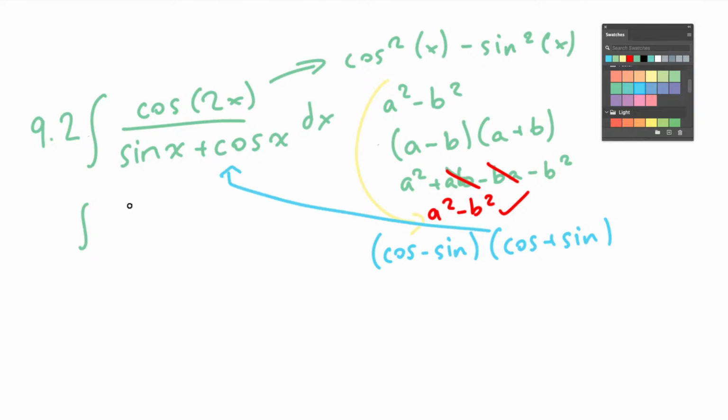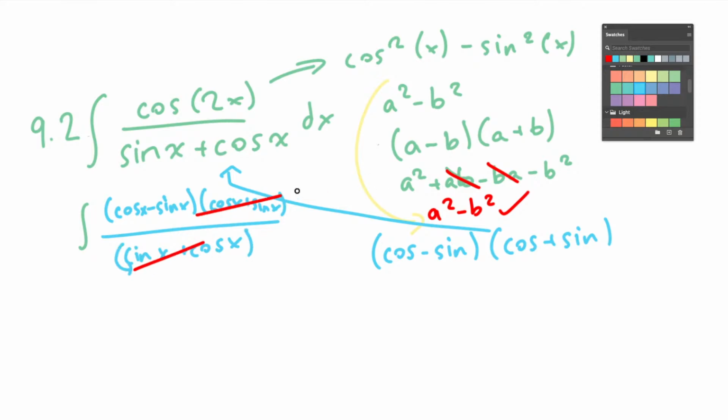They cancel out. So you get cosine x minus sine x times cosine x plus sine x over sine x plus cosine x, and that nicely cancels out.